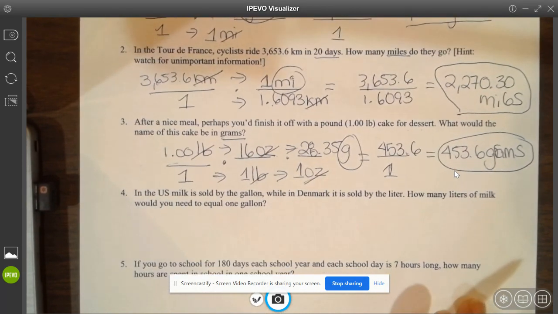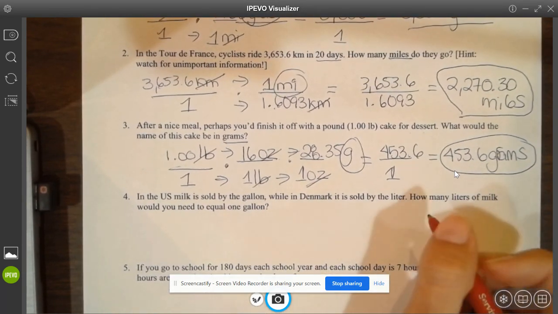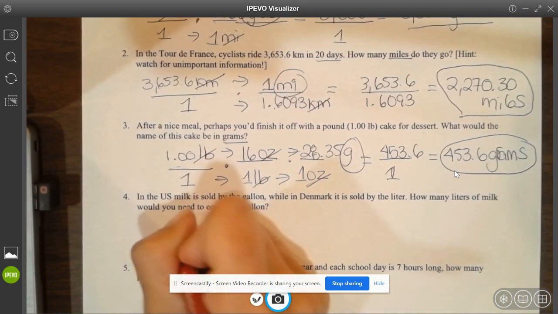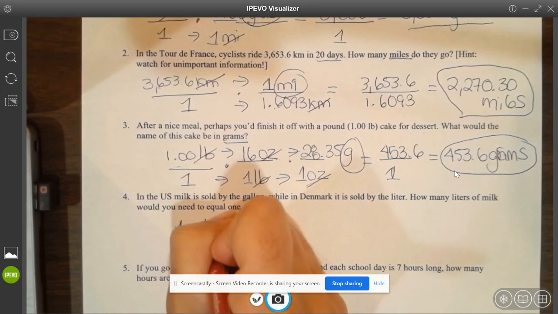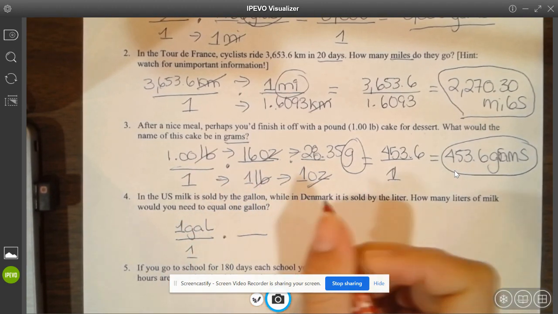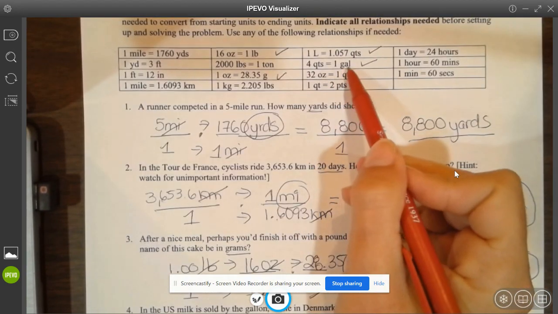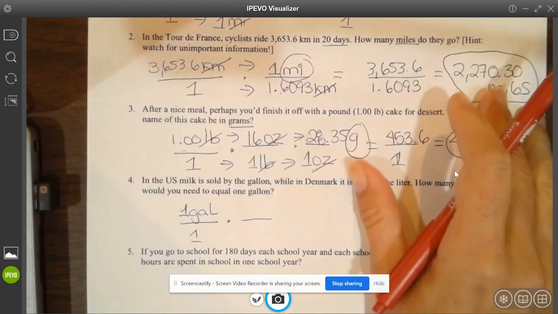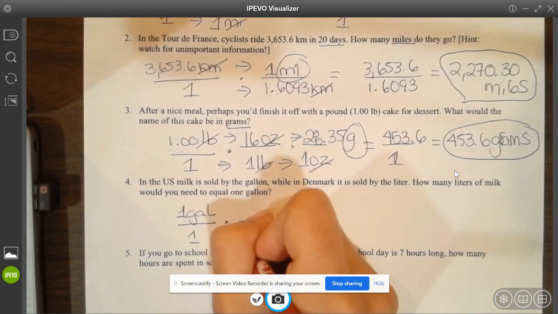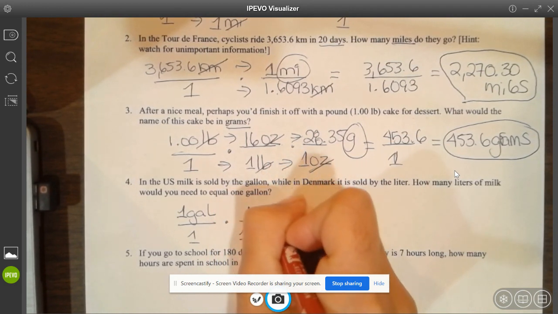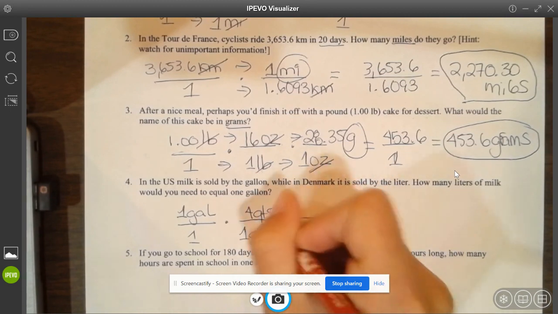All right, let's set them up. So that's 1 gallon. Yep. Over 1 times, and then we say that we're gonna use two different ones. So 1 gallon equals 4 quarts. Okay, let's write that down. So 1 gallon equals 4 quarts times, but we don't want quarts.